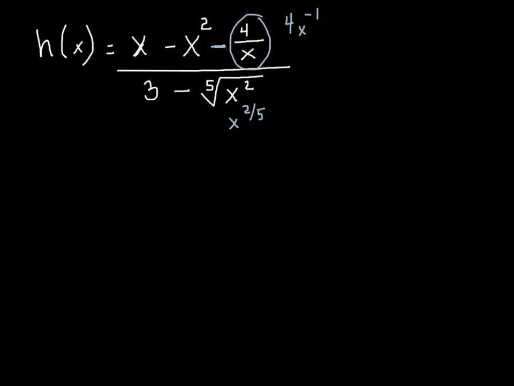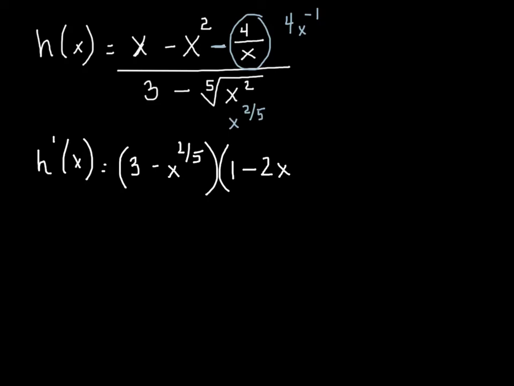Okay, so let's say h prime of x. The bottom is 3 minus x to the 2/5 power, times the derivative of the top. The derivative of x is 1, minus 2x, and then we're going to have plus, because the negative 1 when it swings down and multiplies by that negative becomes positive, 4x to the negative 2.